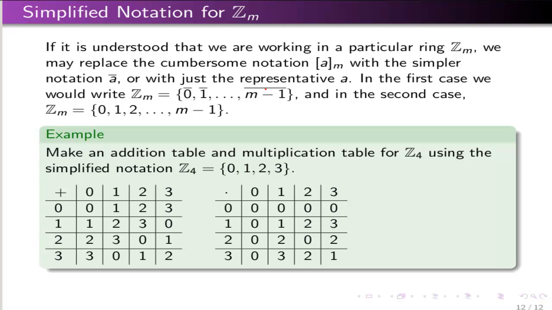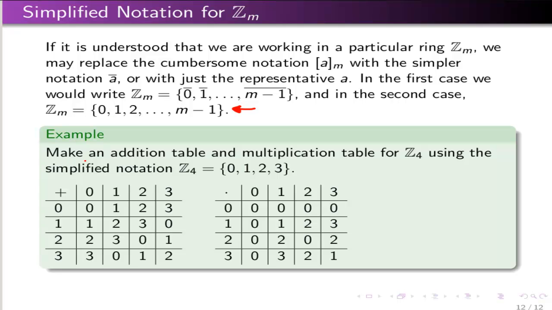So the bar just represents the residue class. And if you like, you can just drop that altogether and denote Z_M as the set of integers from 0 to m minus 1. In particular, if I'm writing a multiplication table, I would just use this type of notation, as abbreviations for the residue classes.